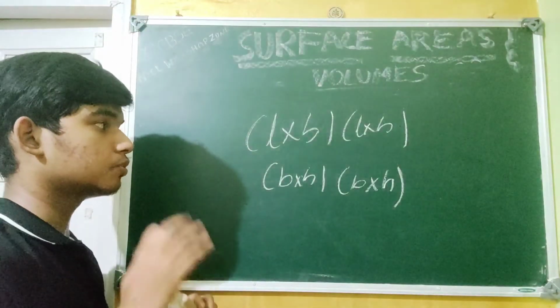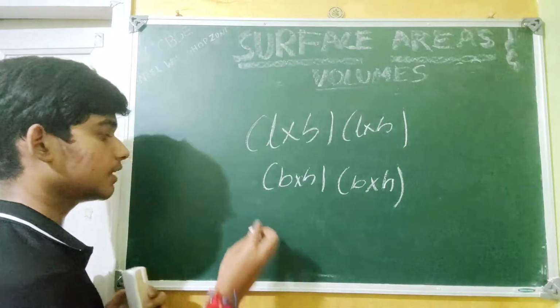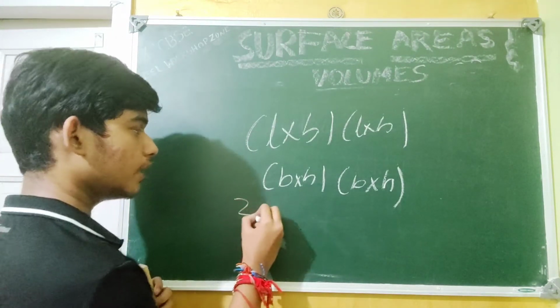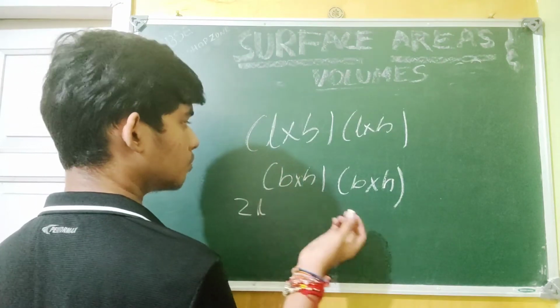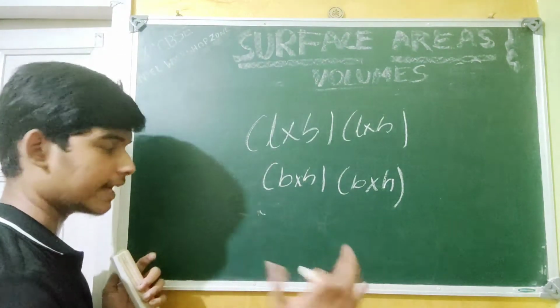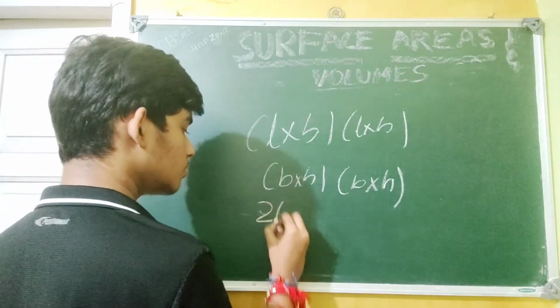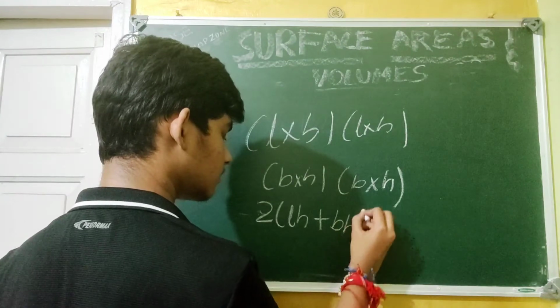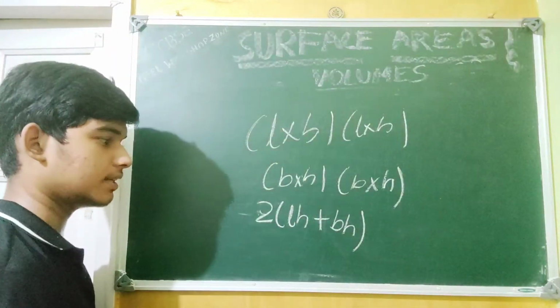We can put them again in a formula, 2 L H plus 2 B H, and by simplifying we get 2 into L H plus B H. B stands for width.